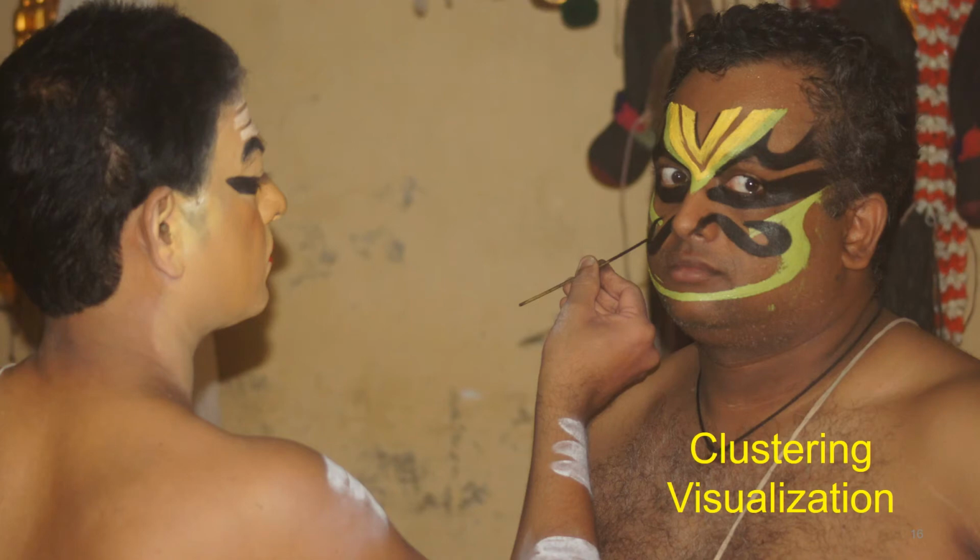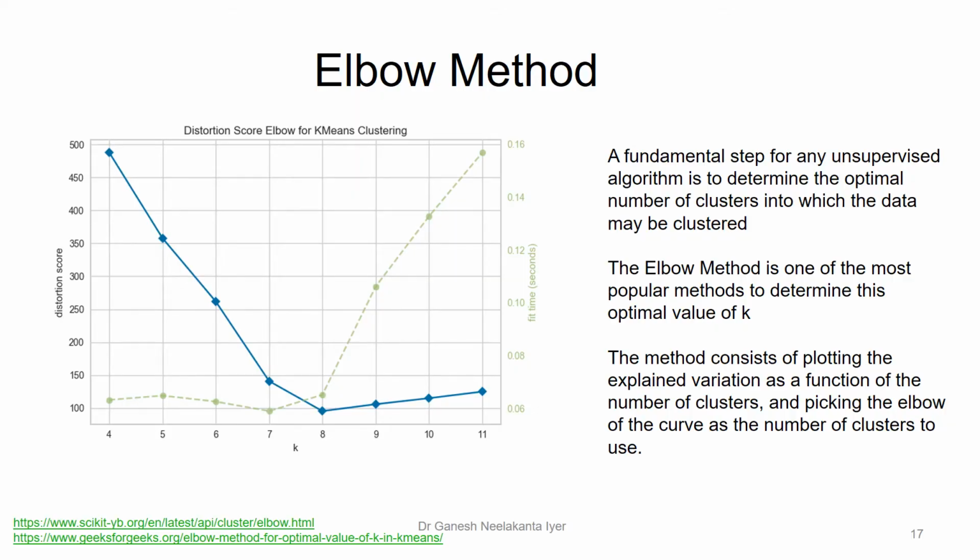What about clustering visualization? For clustering, a fundamental step is to determine the optimal number of clusters into which data may be clustered. And we know clustering is a type of unsupervised learning. So the elbow method is one of the most popular methods to determine the optimal value of k. K is nothing but the number of clusters if you take an example algorithm such as k-means clustering.